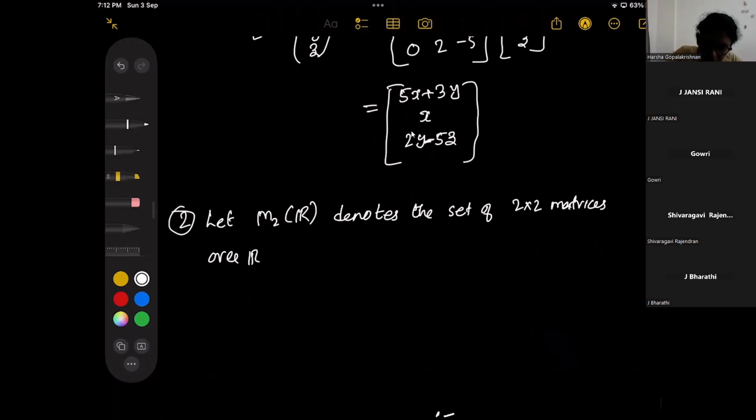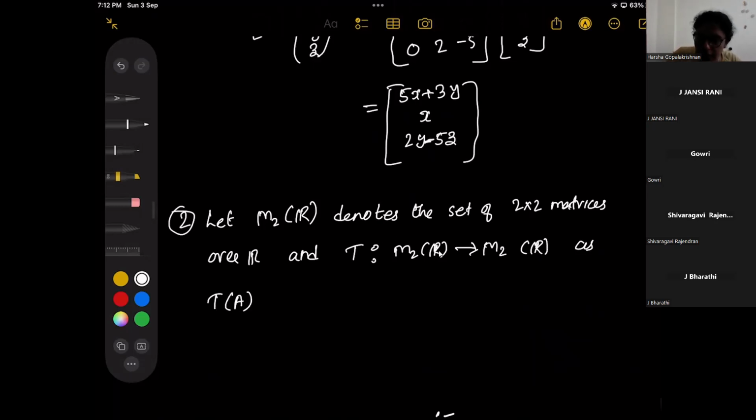We are given a linear transformation from M2 of R to M2 of R. So the linear transformation is given from the set of all 2 by 2 matrices to the set of all 2 by 2 matrices.